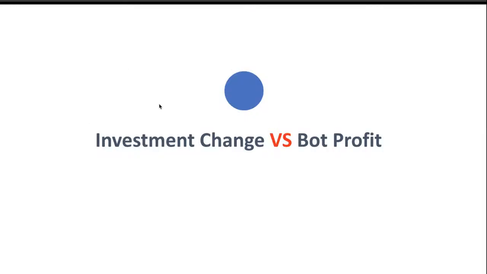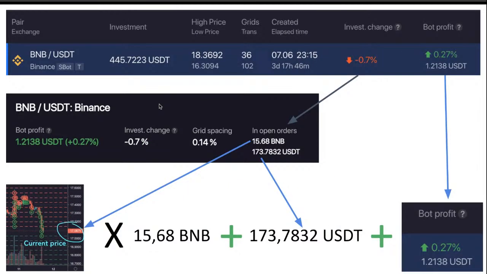So let me explain what this is all about. In this example, I have my BNB trading to USDT and my current investment change is negative. So I'm down by 0.7%. But my bot profit is positive. It's 0.27%.